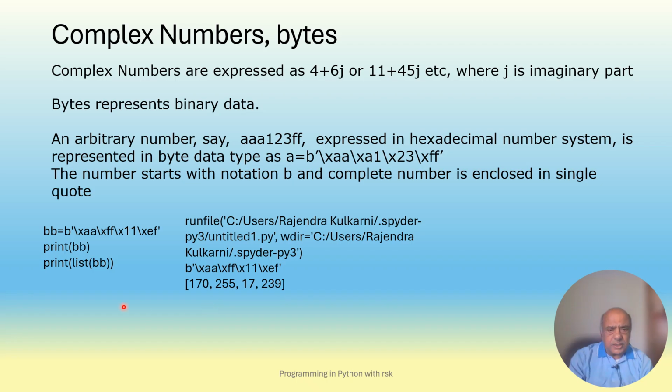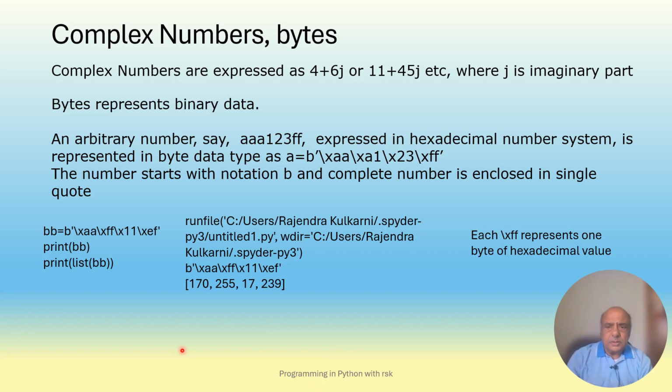What we get as an output of this execution of print list BB is a list comprising 4 numbers. What are these numbers? These are the decimal equivalents of the hexadecimal bytes in which a number in byte form is represented.